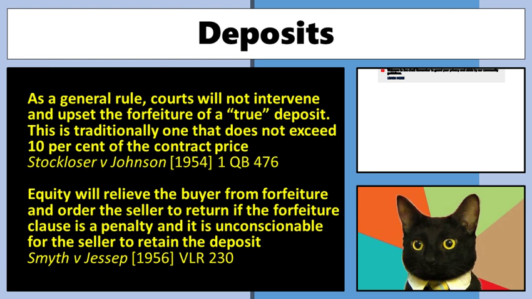So 10% has been classically the amount that the courts were happy to accept and say, yeah, okay, 10% of a contract in terms of the one side breaching and wanting to get out, not wanting to go through with a property transaction, that's fine. When it gets more than that, when it gets to sort of 18%, the courts are happy to look at it and say, well, that does seem like a lot.